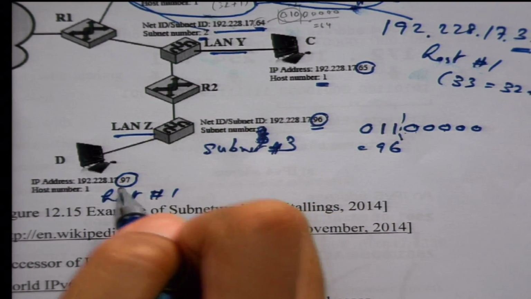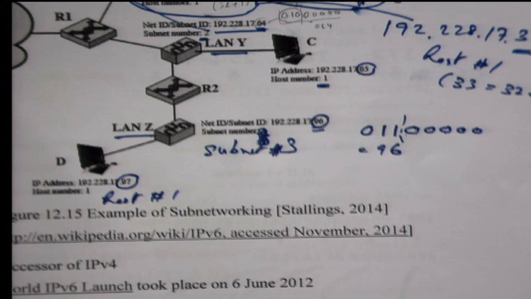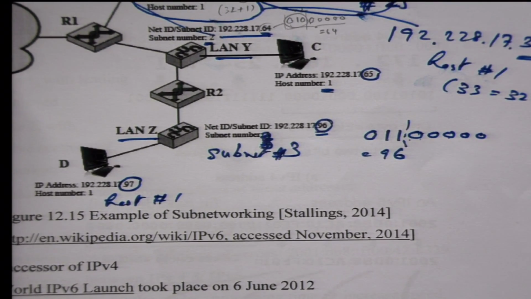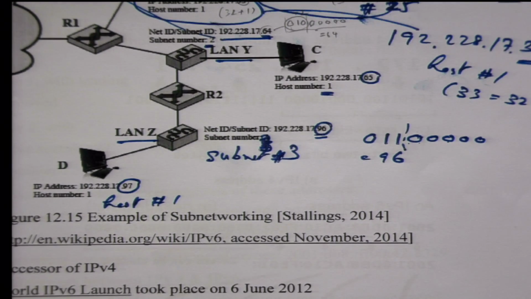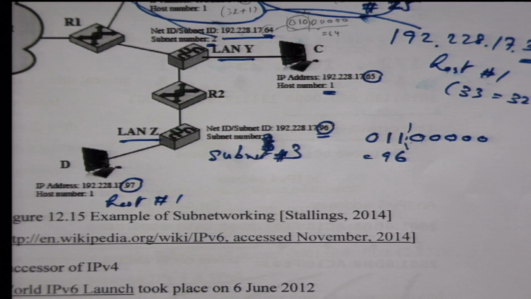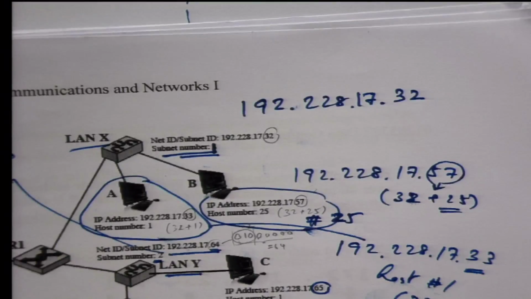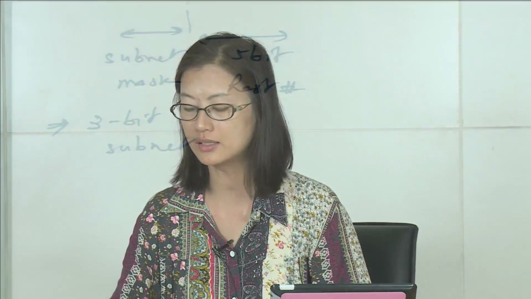If it's .100, then host number 4, something like that. So that is how you read and understand the address of IPv4, the internet protocol. So that's the end of this lecture, and we will continue in the next lecture with the address of IP version 6. Thank you.